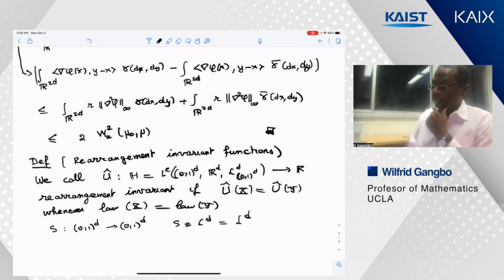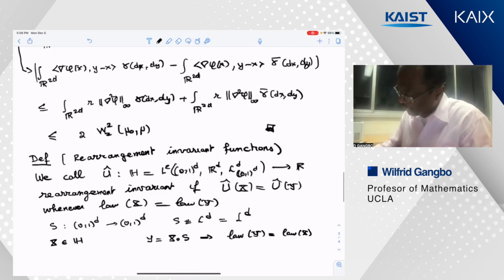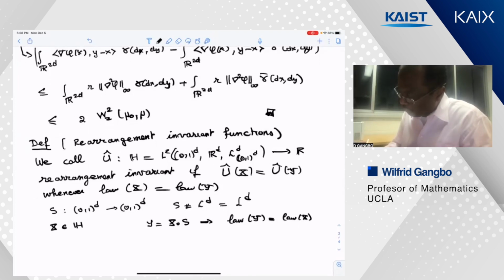You call this a measure preserving map, and take X in H. Then if you set Y to be X composed with S, this implies that the law of Y equals the law of X. Conversely, let X, Y in H be such that the law of X equals the law of Y.